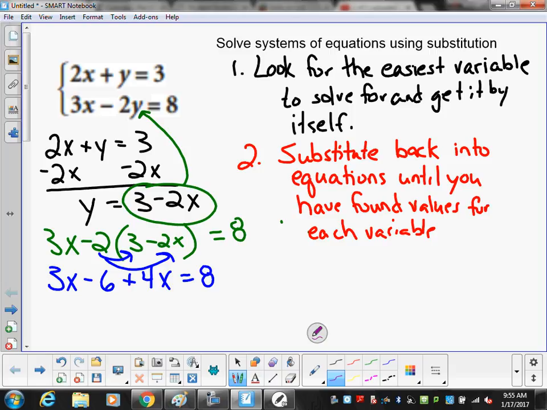I'm not necessarily going to talk you through them, because you should be able to do that at this point. So 3x plus 4x is 7x, minus 6 equals 8. Add 6 to both sides, and you get 7x equals 14. Divide both sides by 7, you get x equals 2.